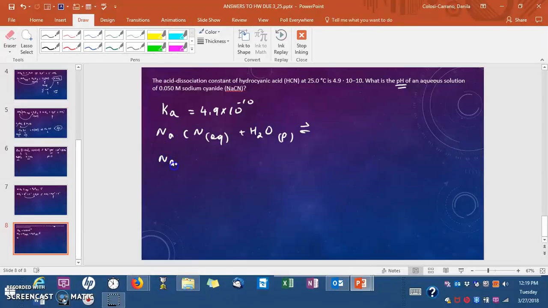You can say that Na becomes Na plus aqueous because you're writing the ionic equation for this, and then you have the cyanide, which is the CN minus aqueous, right? And with water, remember I asked you to write it as HOH. Sometimes it helps, sometimes it doesn't really matter.